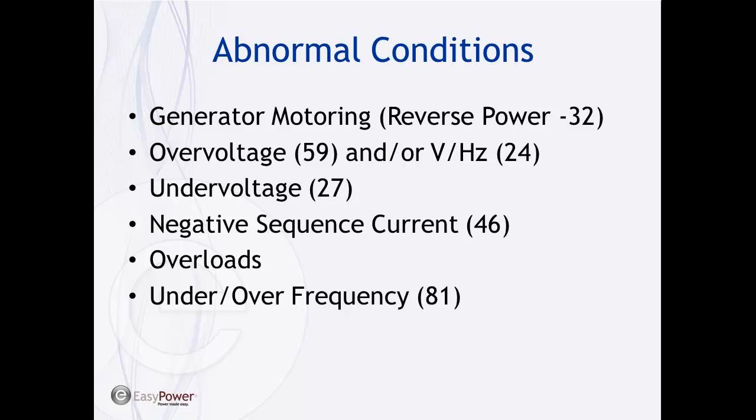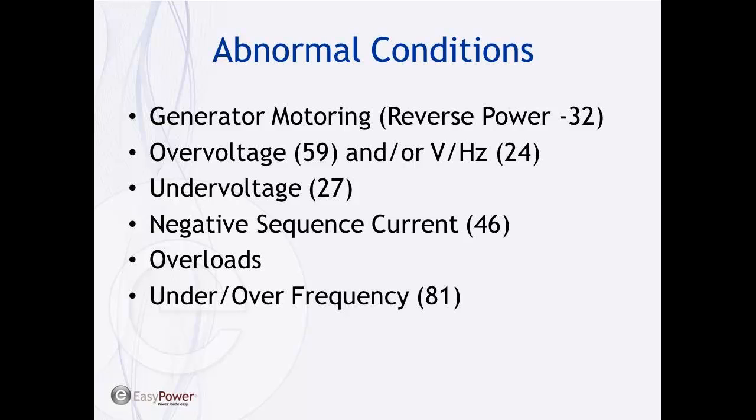As far as the typical abnormal conditions that we try to protect against for the generator: generator motoring, sometimes called reverse power or low forward power, those names are all somewhat interchangeable. The 32 is the ANSI function code that you'll see used for this. So we'll talk about why the generator motoring or reverse power is something we want to monitor.